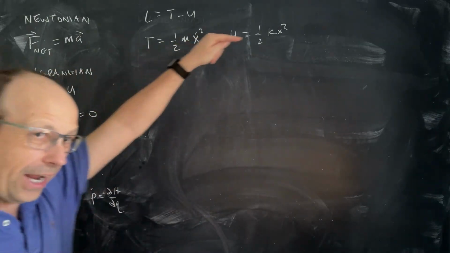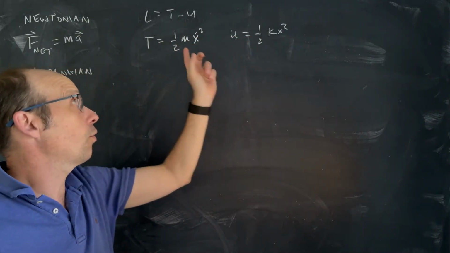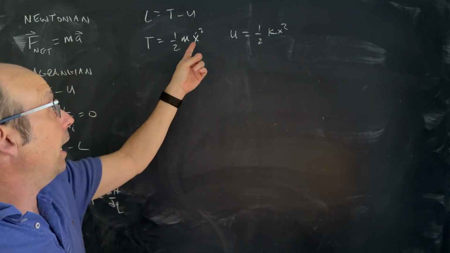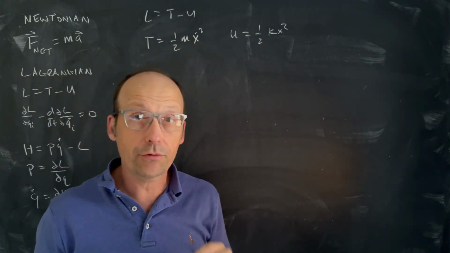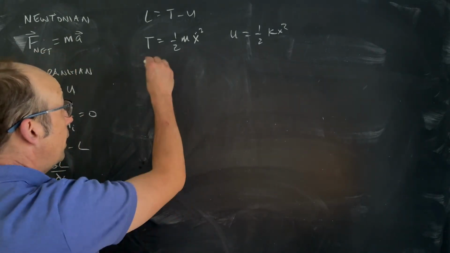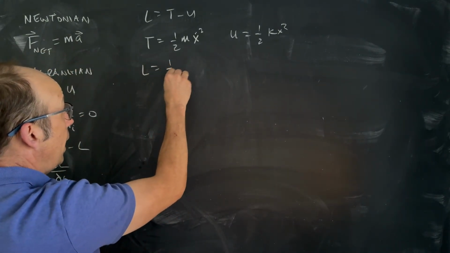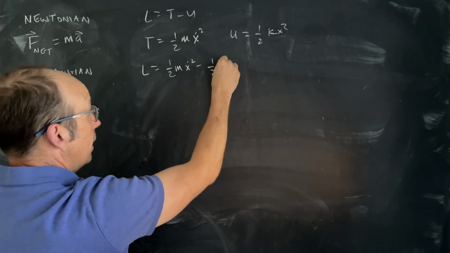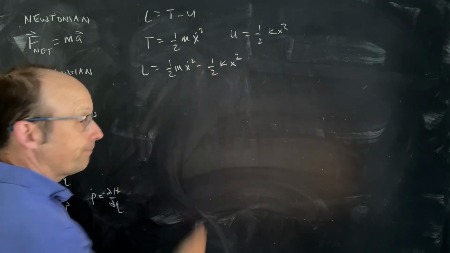If I have the kinetic energy in Cartesian coordinates, I can just write it down. Just a reminder that x dot is the derivative of x with respect to time. x double dot is the second derivative. So right here, L is going to be 1/2 m x dot squared minus 1/2 k x squared.